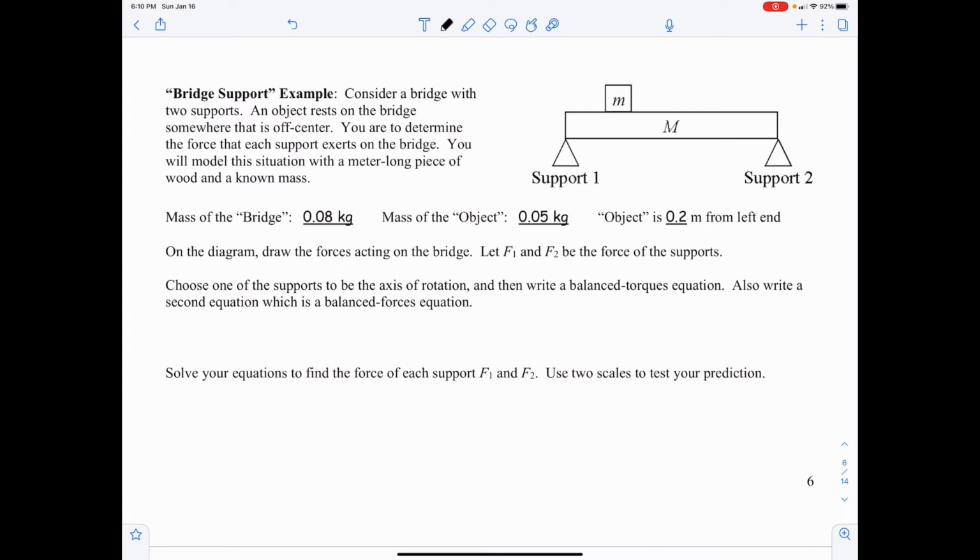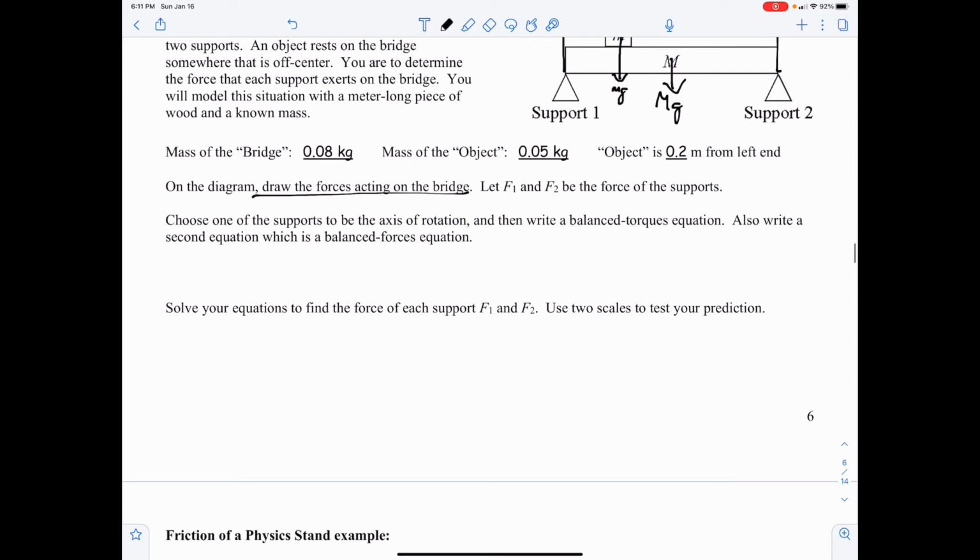If you draw the forces acting on this thing, you have the force from the beam itself, which is big mg. You have the force from the little one, which is little mg. And then you have force 1 from support 1, and force 2 from support 2. Okay, so those are the forces acting on the bridge.